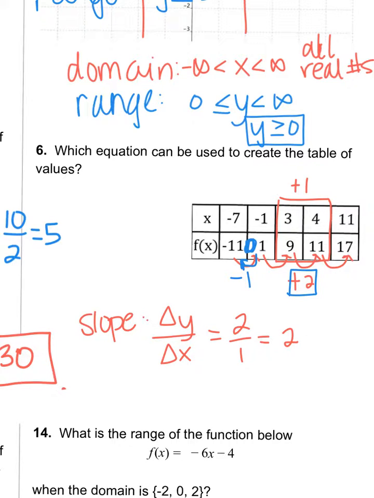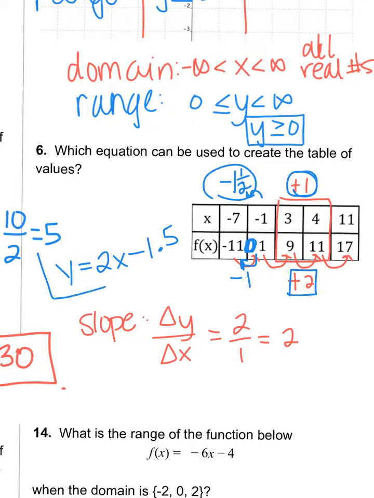So whenever I go back from this -1, half of this 1 is a half. So that's -1 1/2. So then we'll write our equation, y equals, and our slope was 2x, and then our y-intercept was -1 1/2, so that'll be minus 1 1/2, which is 1.5.